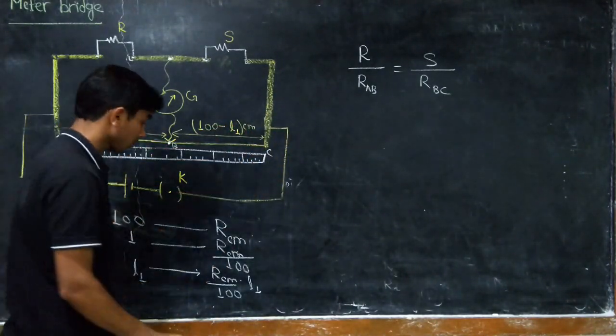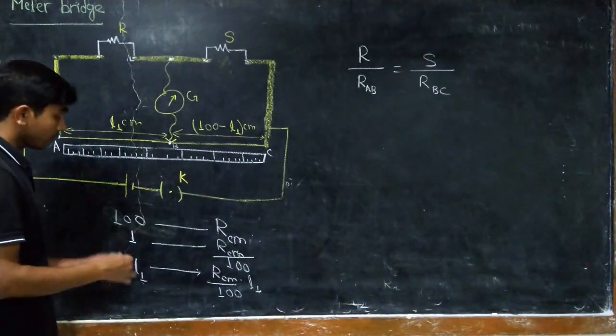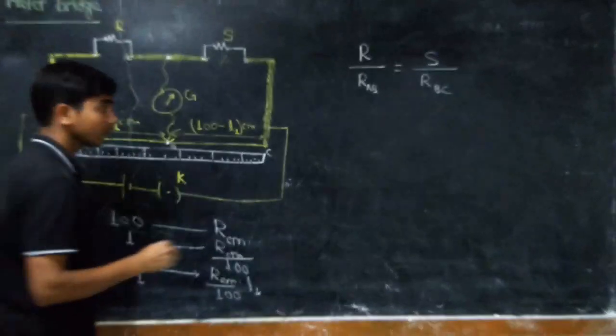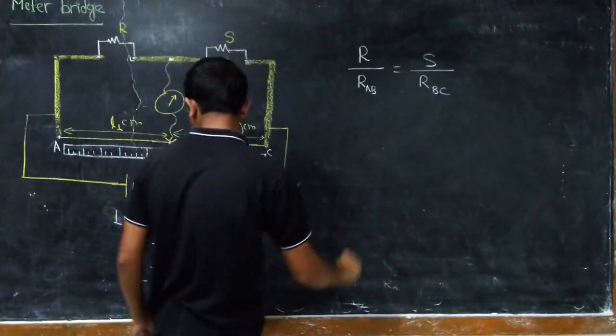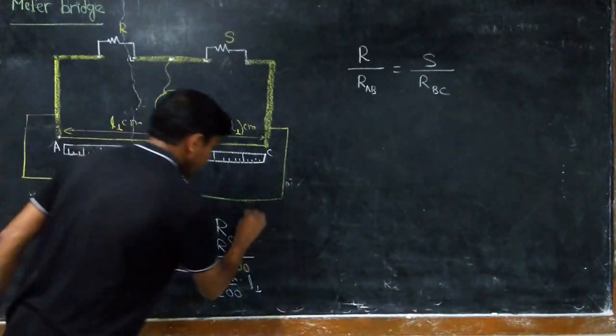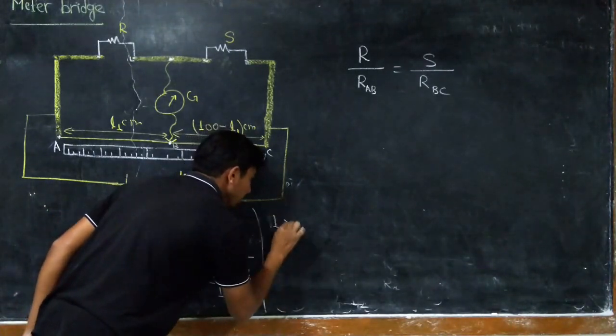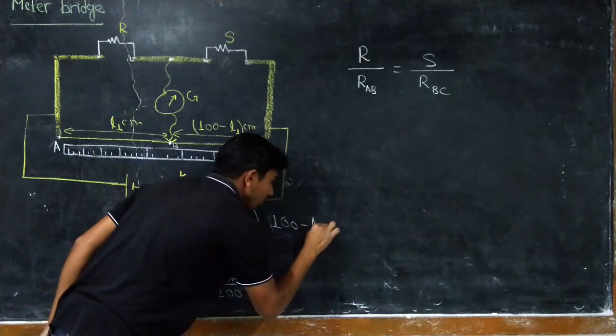Similarly, you are able to find the resistance of the length 100 minus L1.